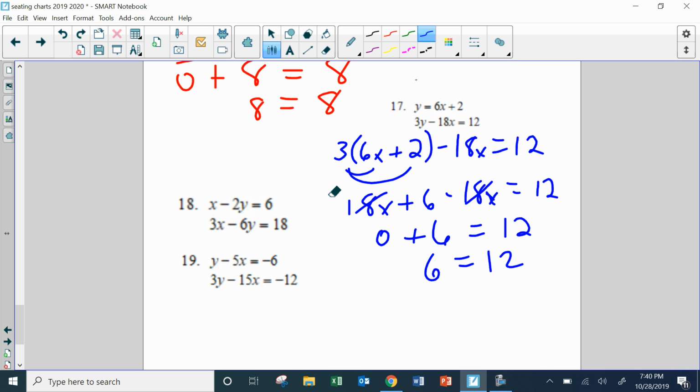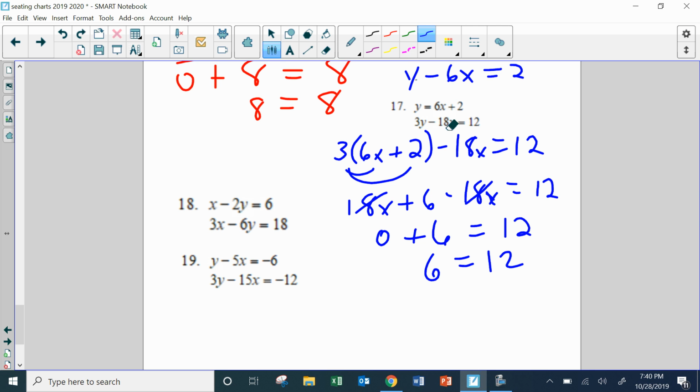Another way I could check it is I could rearrange this. If I subtract 6x to get rid of it on the right side and move it over to the left side, I get this equation: y subtract 6x equals 2.